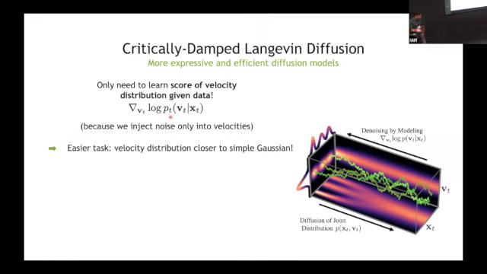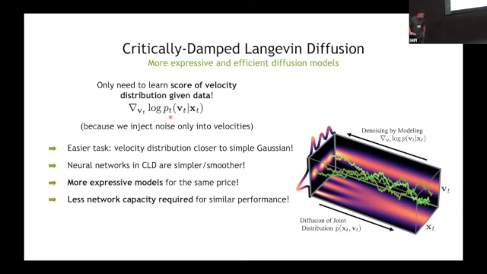I don't have a proof for that, to be clear, but the evidence shows that this velocity distribution tends to be closer to a simple Gaussian distribution. So if it's easier to learn, this probably means that the neural networks in this critically damped Langevin diffusion tend to be simpler. They might be smoother. But this also means that you can fit more expressive models for the same price, or have less network capacity required for similar performance. So this is an advantage of that scheme.